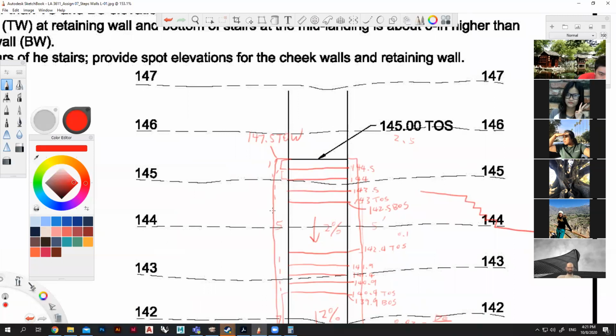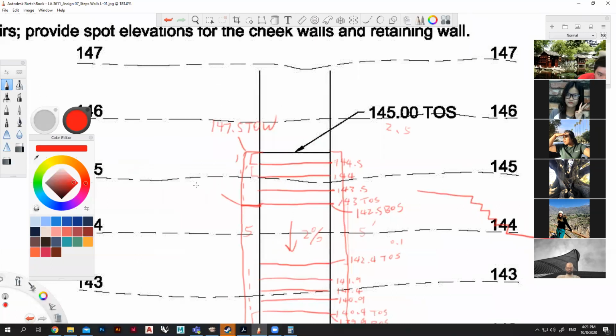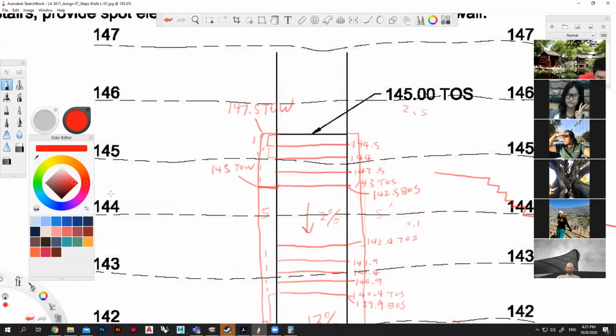And you want to do that for the rest of them, like the important points from here. The bottom of stair will be 145 TOW. We add on top from the bottom because we're going from the landing. And then over here, it's the top of stair, 144.9 TOW.